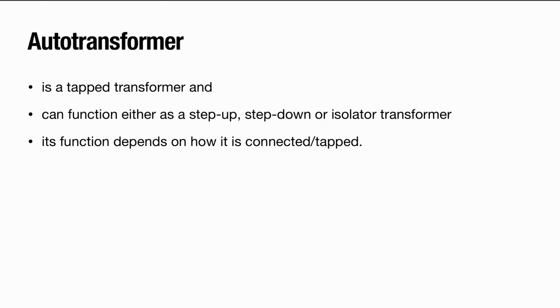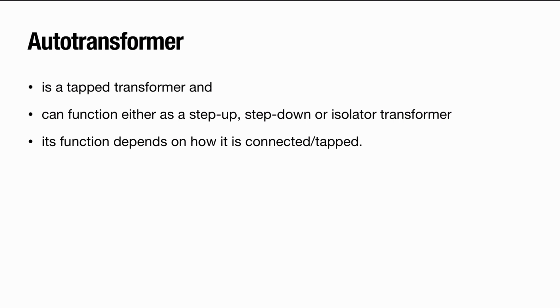Now we come to a special transformer. It is special because it can change its property based on how it's connected. This transformer is called an autotransformer. It is a tapped transformer. What this means is that it has multiple terminals where you can close the circuit or make connections.